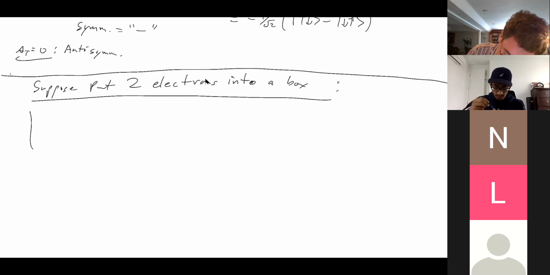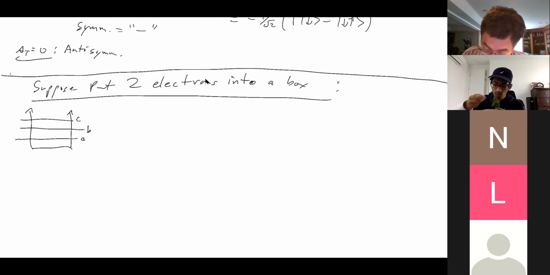And here's the box. You know, I love to draw these boxes. It's just the simplest way to think about quantum mechanics, in my opinion. So I have states A, B, C, and those are the energies, right? The energy goes up as we go up.